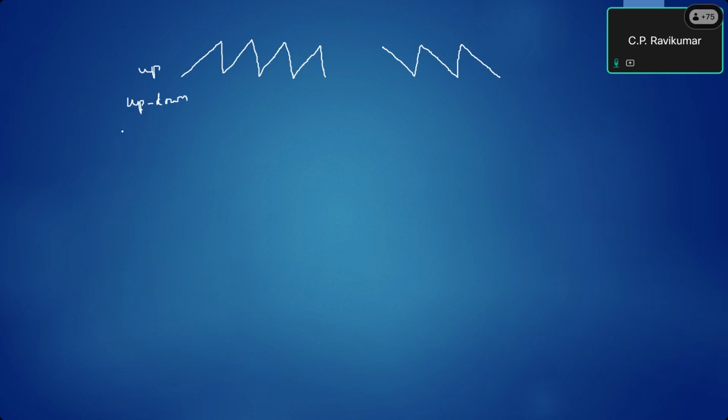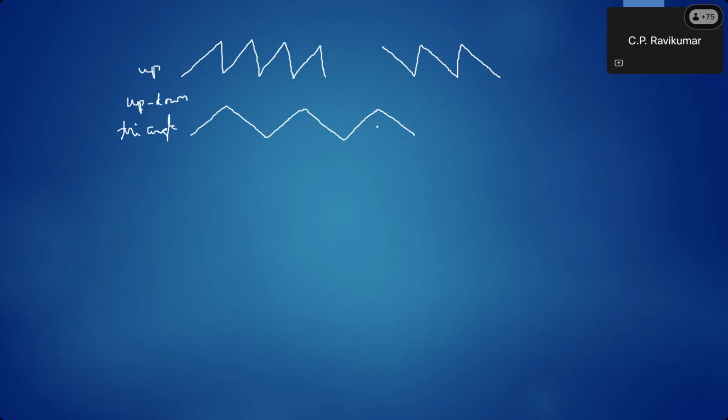We also looked at a triangle counter. And who knows, there may be other kinds of counters, maybe something like this, and so on. So various waveforms could be there. Just one second.